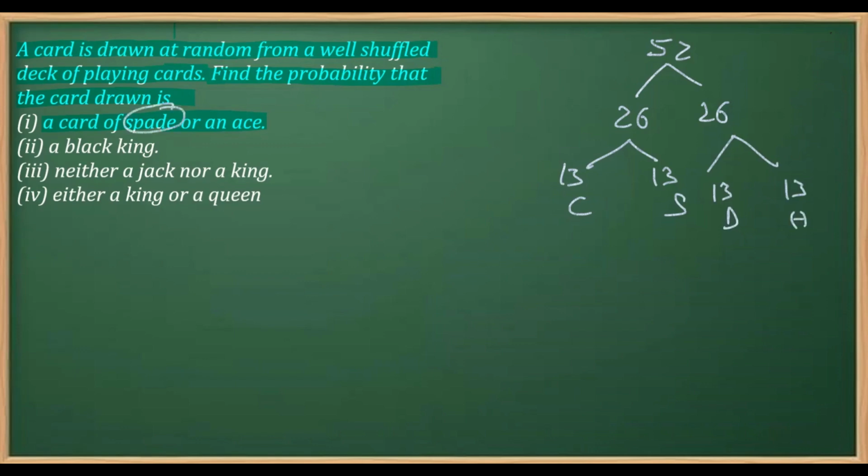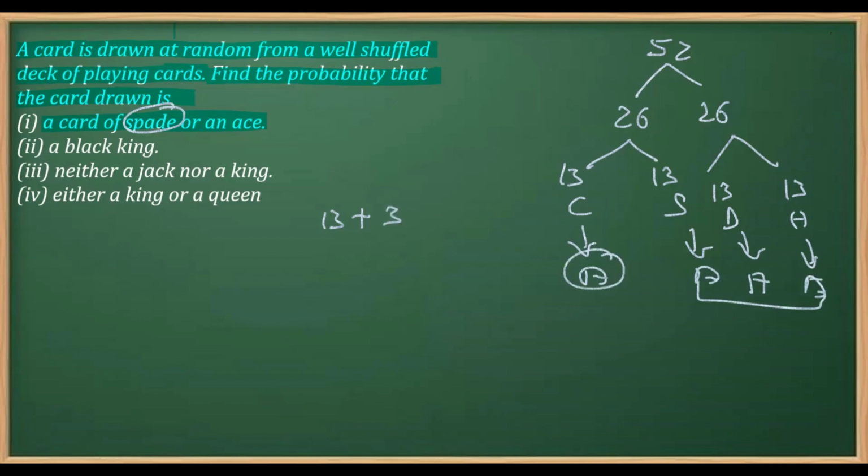Now what we have to find out is a card of spades. Initially I'll pick the spades cards, so I have 13 cards, but then an ace also. There are 4 aces, and each suit has 1 ace, so we have already included this one. That means 3 more aces have to be included.